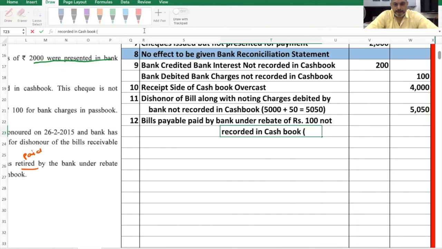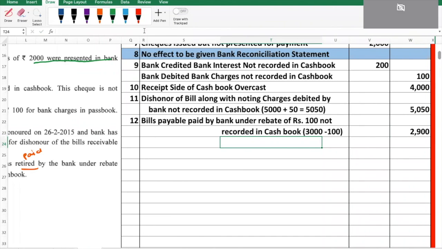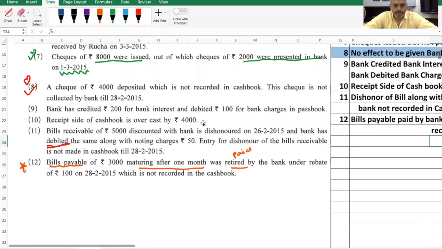So in the bracket 3,000 minus 100, which comes to bank has paid. So bank has debited, we should credit. So 2,900 on the credit side. That's it. Sum is over.